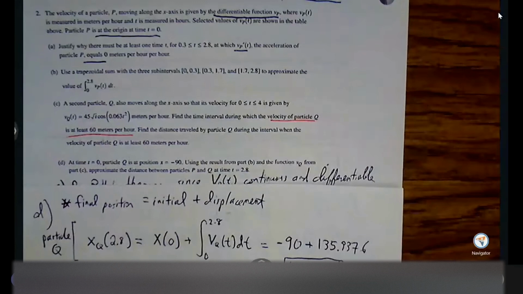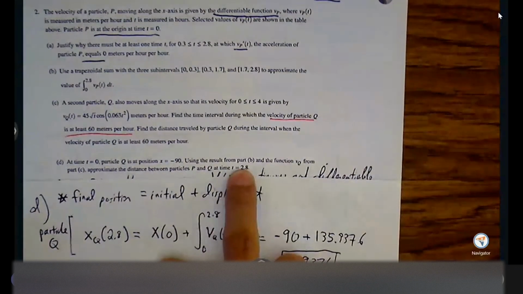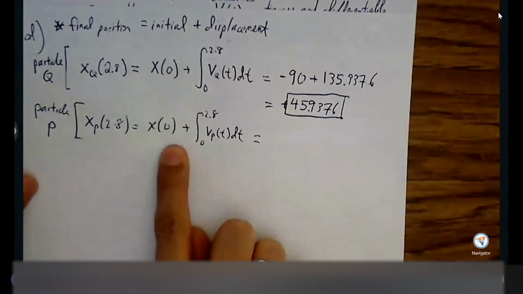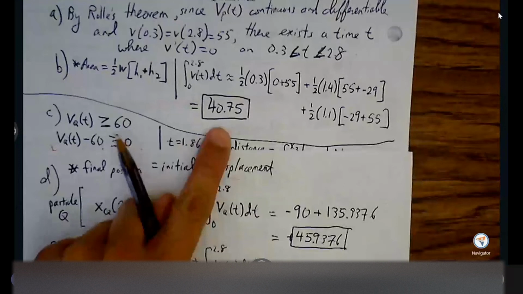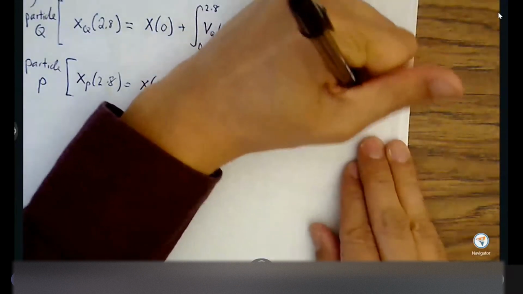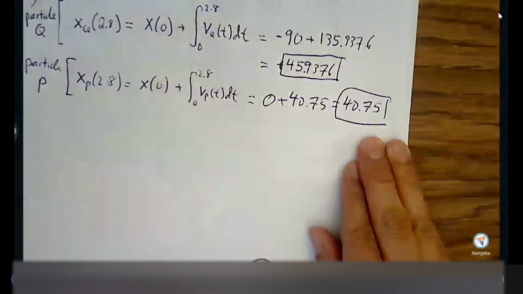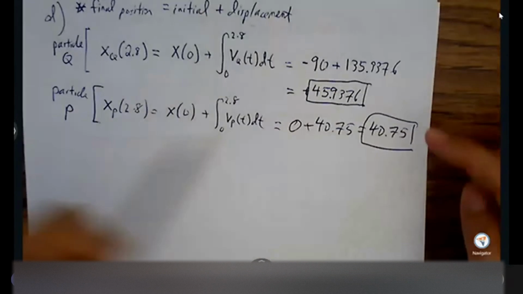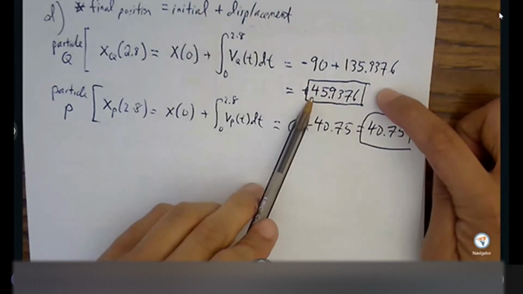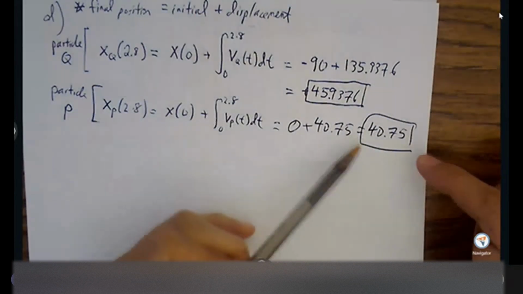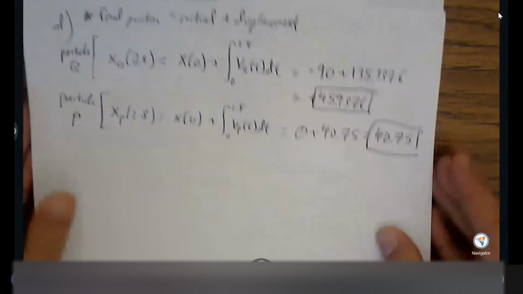It says use the approximation, use the result from part B. So that 40.75 is going to come in handy here. So particle Q ends up at 45.9 on the x-axis. Particle P ends up at 40.75 on the x-axis.